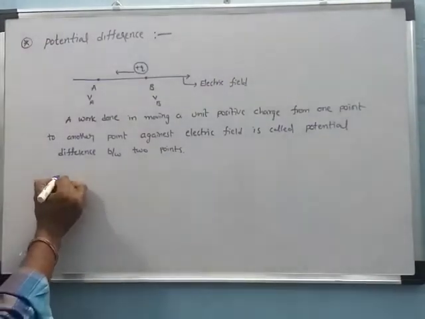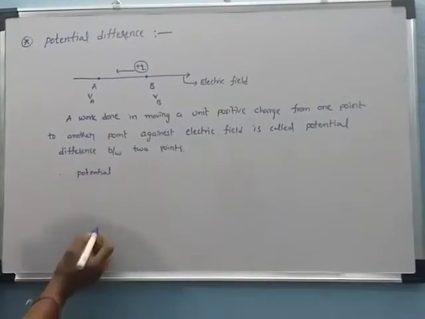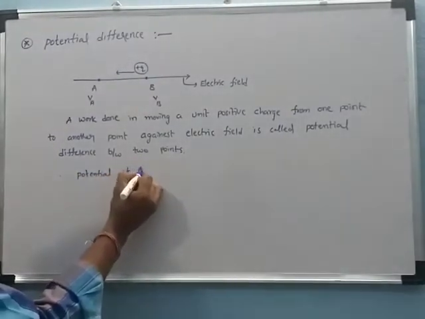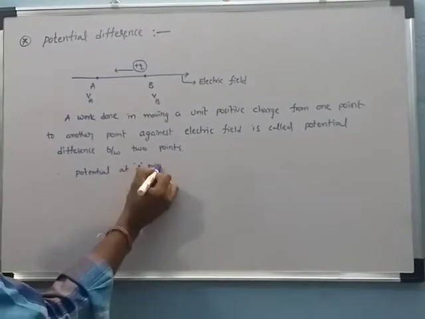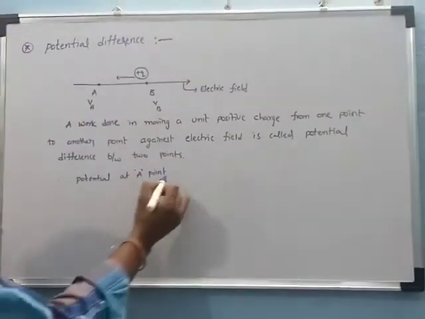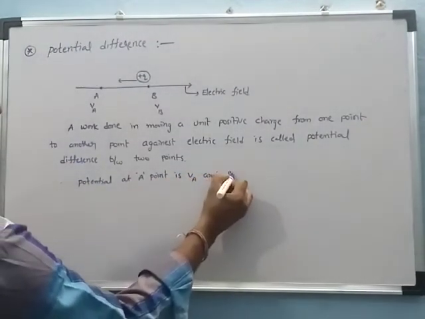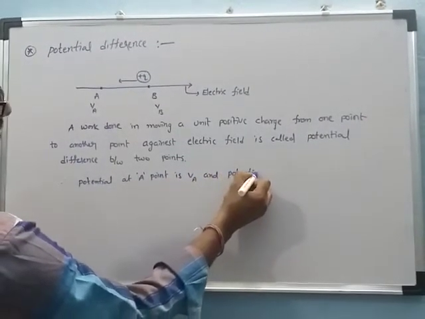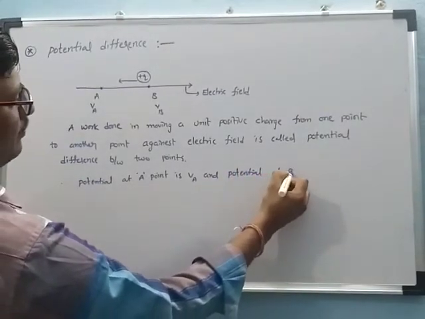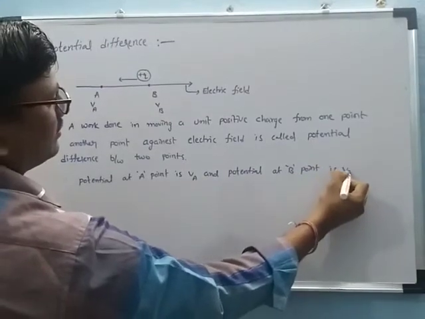Therefore, the potential at point A is VA, and the potential at point B is VB.